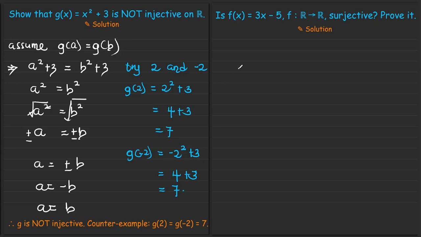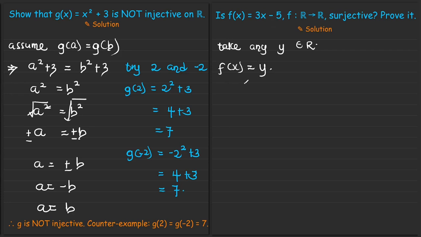So what we said is we should take any value of y in our codomain R. So let's say take any y at all as an element of R. And this is to say that f of x is equal to y.